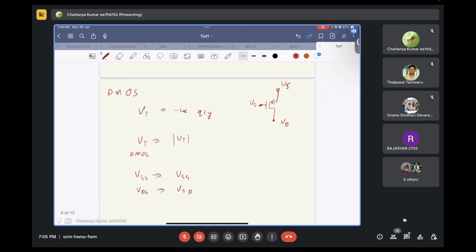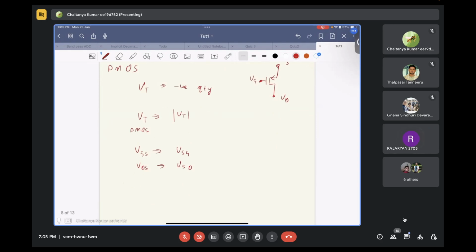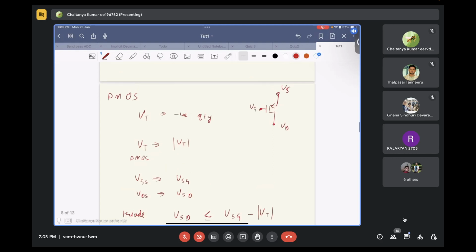So now for triode, VSD is less than or equal to VSG minus modulus of VT. Is this clear? Yes. What is VSD?